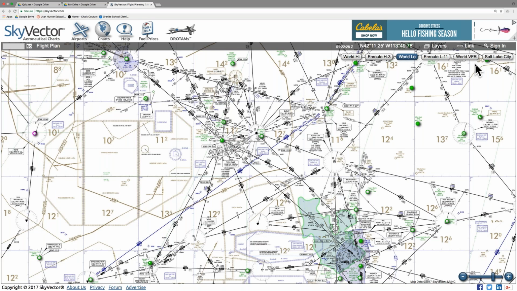You know what? I'm also rereading the question about the types of satellite-based navigation. That would be your WAAS, your GLONASS, your GPS.